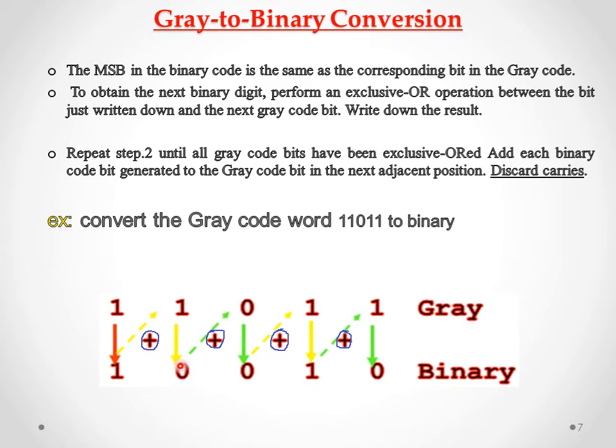So the second bit is 0. Now the second bit exclusive OR with the third gray bit. So 0 exclusive OR 0 is 0. Now the third bit exclusive OR with the next gray bit. So 0 exclusive OR 1 is 1. Then 1 exclusive OR 1 is 0. This is the way we can convert our gray code into binary format.